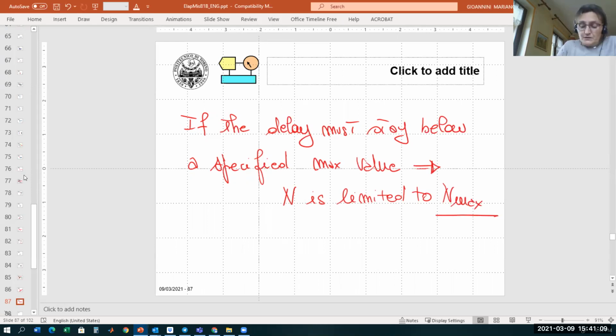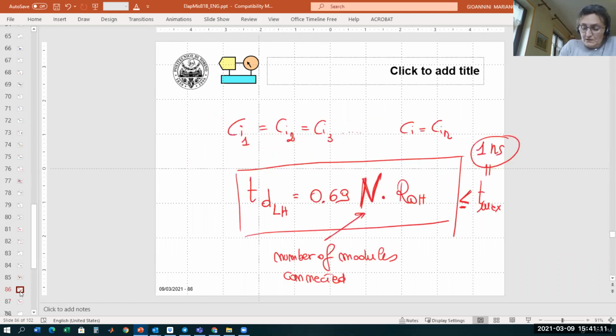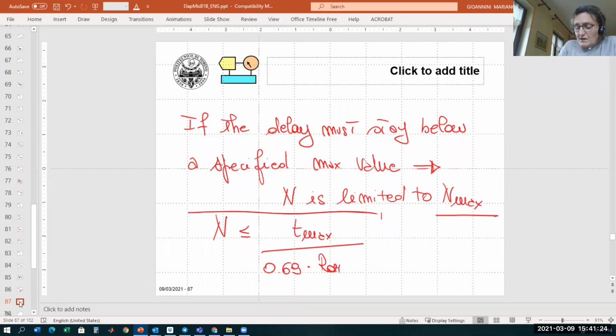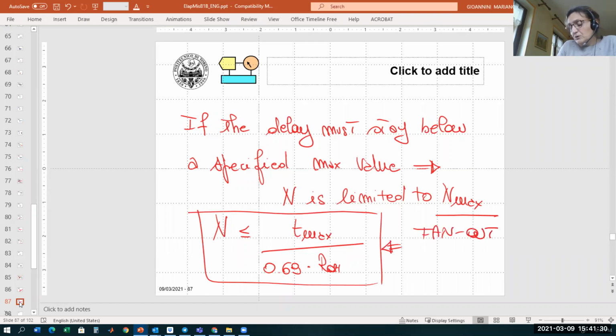Okay? So if you reverse this expression, you will find that n must be smaller than the maximum delay divided by 0.69 times ROH. This maximum number of gates that can be connected is defined as the fan-out.